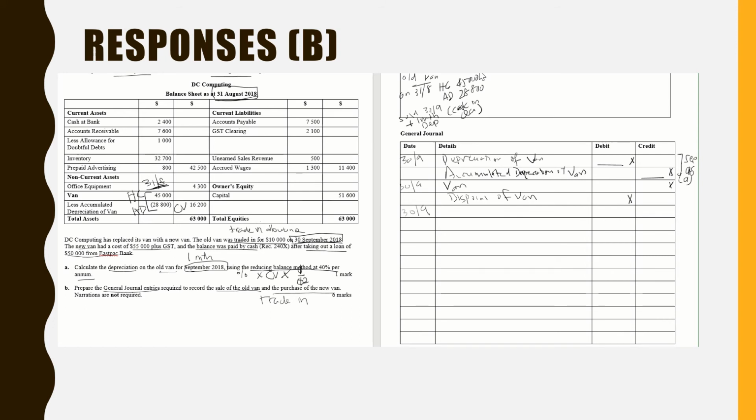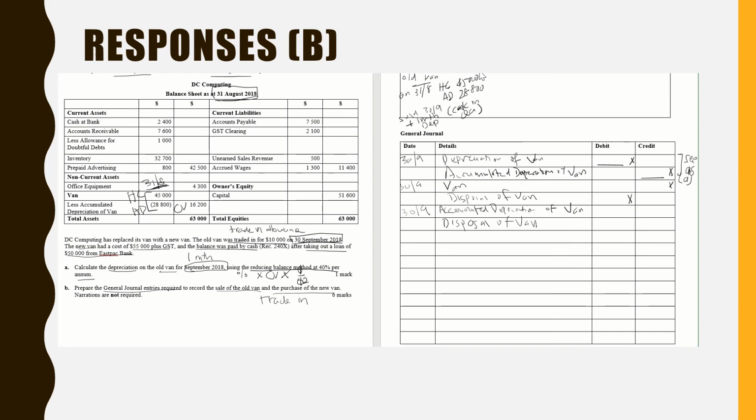Then the next thing to transfer is the accumulated depreciation of van, and again we are transferring that out to the disposal of van account.